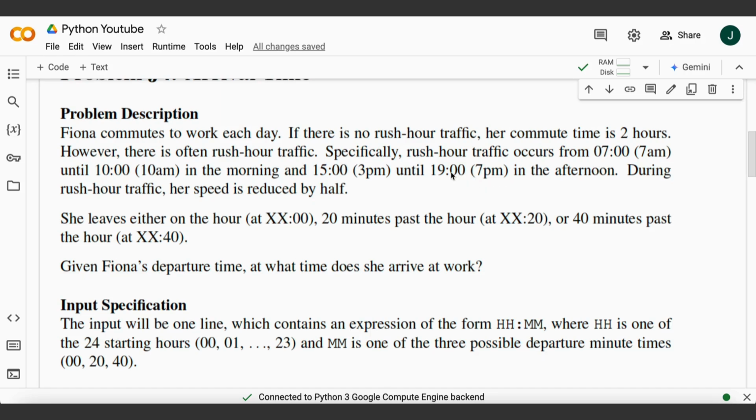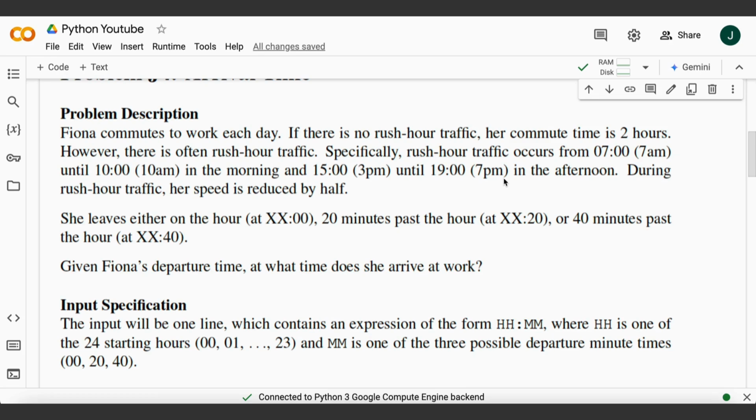So there are a few scenarios that we need to think of. The first one is all out of the rush hour, so that would be 2 hours. Or part of the trip is out of the rush hour traffic, but part of it falls into the rush hour traffic, either in the morning or in the afternoon, or it could be rush hour traffic all the time.